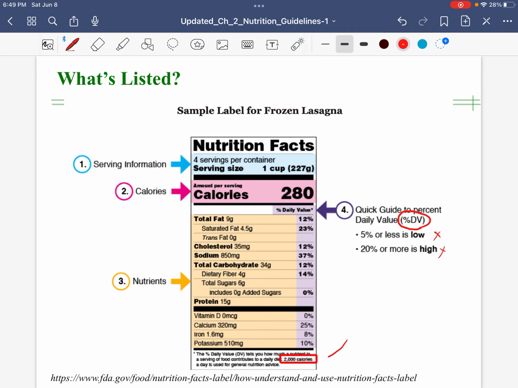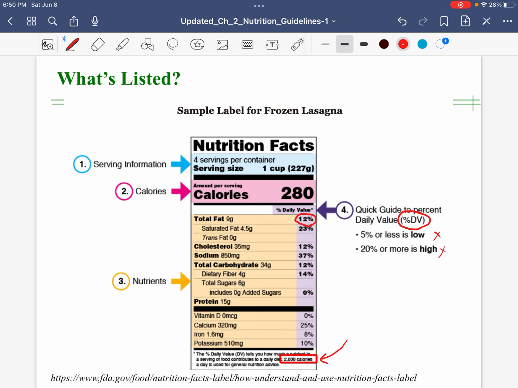And notice that is based on a 2,000 calorie diet. Not everybody needs a 2,000 calorie. In fact, most people will not. They'll need a little bit more or maybe a little bit less. Probably most of you will need more. So when this box tells us that ingesting 1 serving of this lasagna satisfies 12% of our total fat need, that's only for a 2,000 calorie diet.